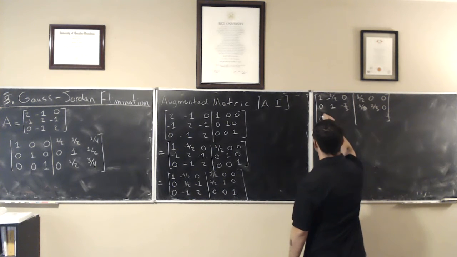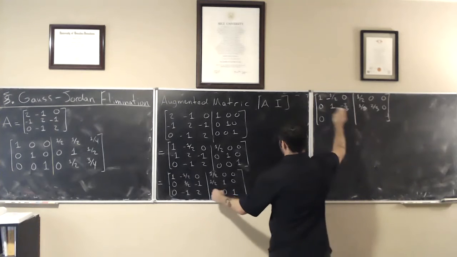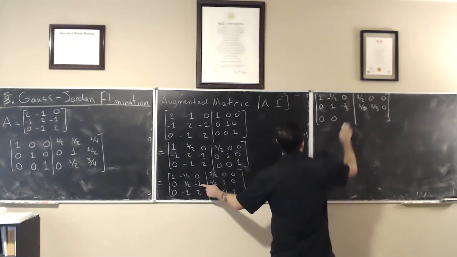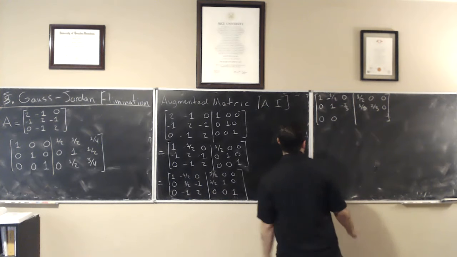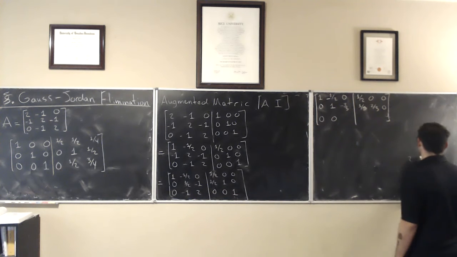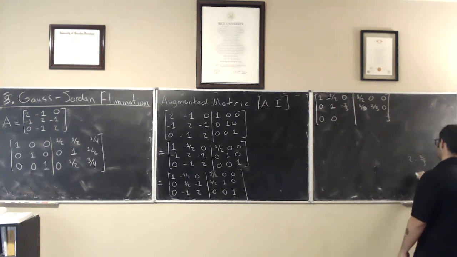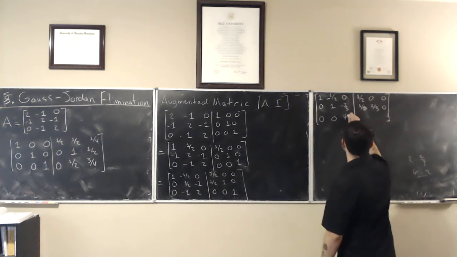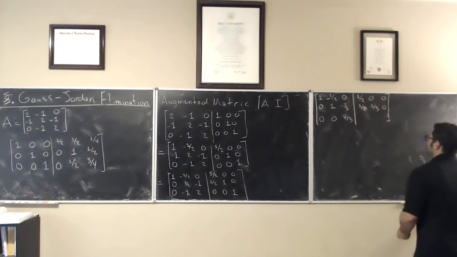So 0, and then that 1 and that 0, and then 2/3, so 2 minus 2/3 is going to be 6 minus 2/3. So 4/3. Okay.